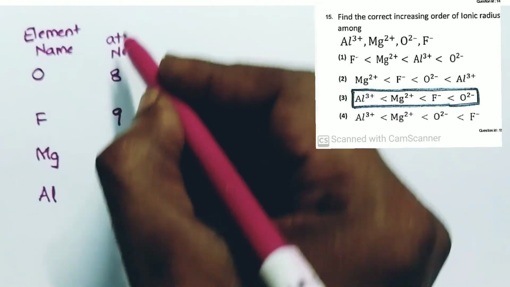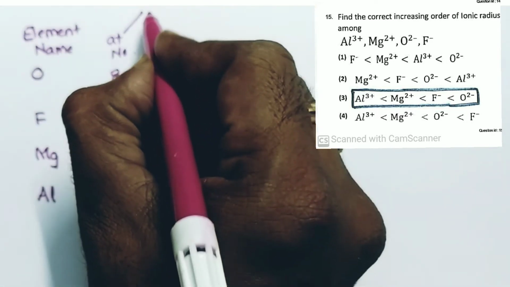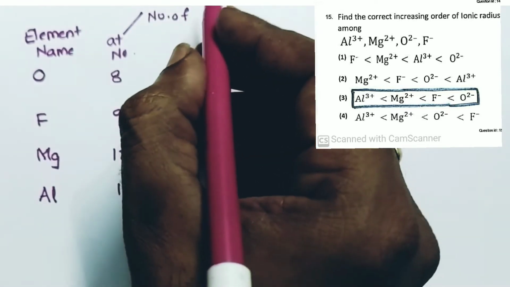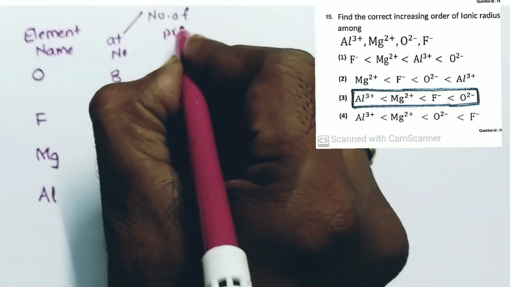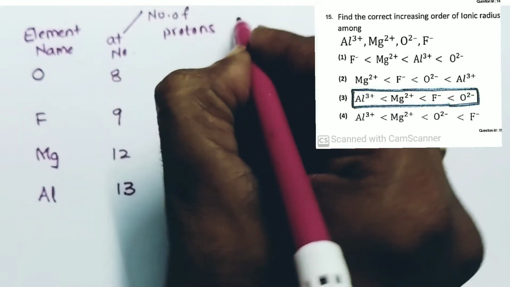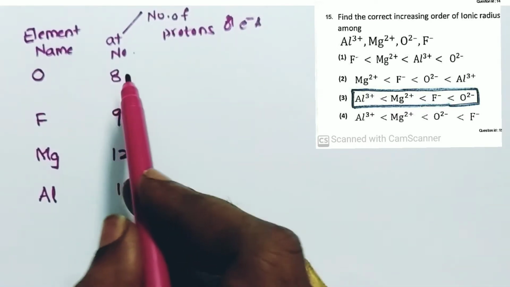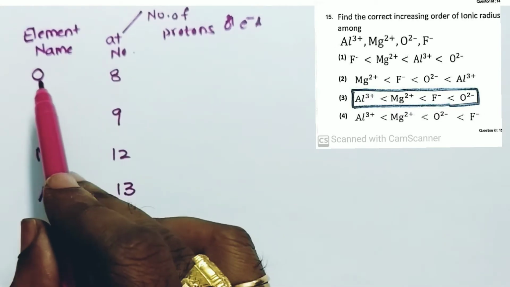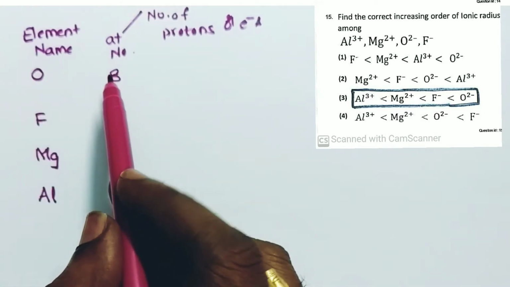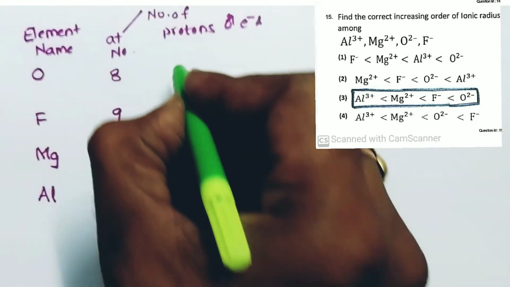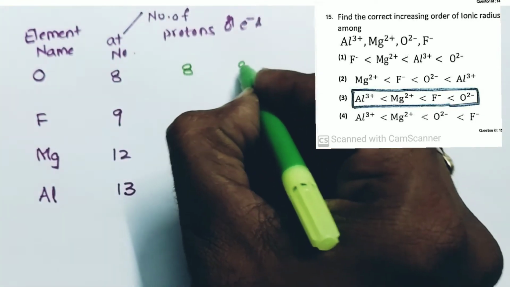So atomic number means number of protons or number of electrons is called atomic number. So here the atomic number of oxygen is 8, means there are 8 protons and 8 electrons.